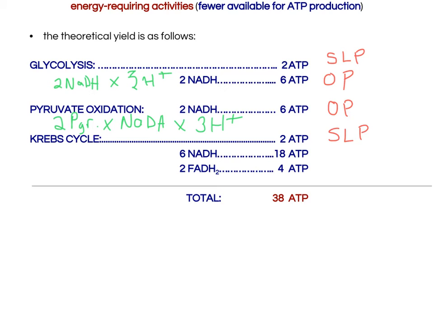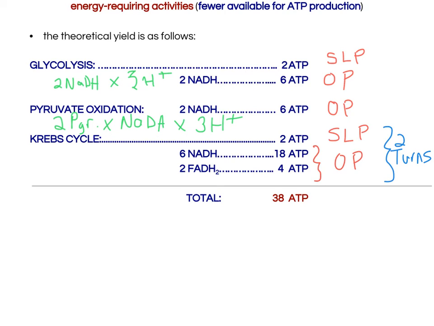Now let's talk about the 6 NADHs that are produced. You'll remember that 1 turn of the Krebs cycle produces 3 NADHs, so 2 turns are going to produce 6 NADHs. It might be helpful to write in that this is 2 turns of the Krebs cycle. Both of these, because they are electron carriers, are oxidative phosphorylation.